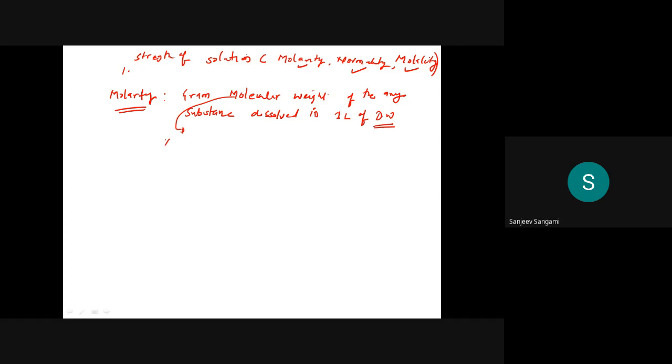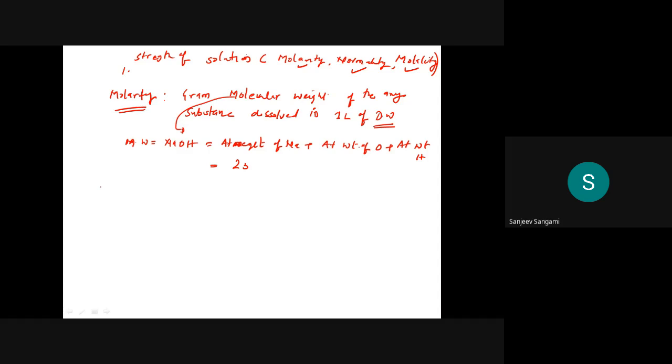For example, the molecular weight of NaOH. If I want to calculate it, I have to add the atomic weight of Na plus the atomic weight of oxygen plus the atomic weight of hydrogen. The atomic weight of Na, that is sodium, is 23.